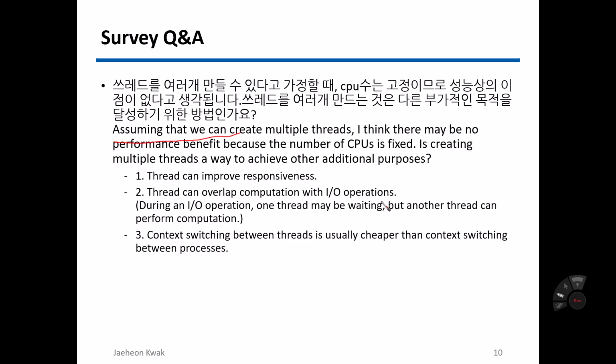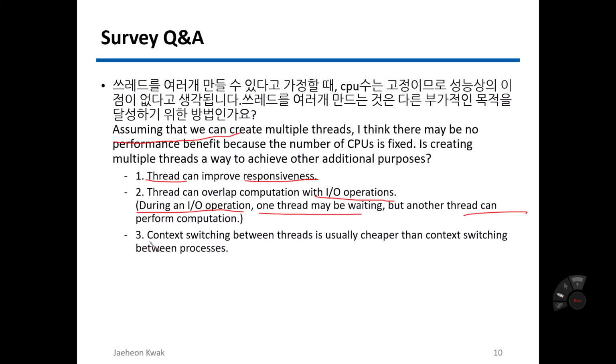Even without performance, there are many benefits to using threads. Threads can improve responsiveness. During an I/O operation, when a process has to read or write a file, it has to wait, and during that time other threads can execute, which can increase performance.